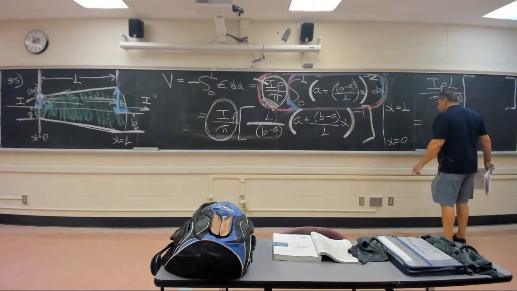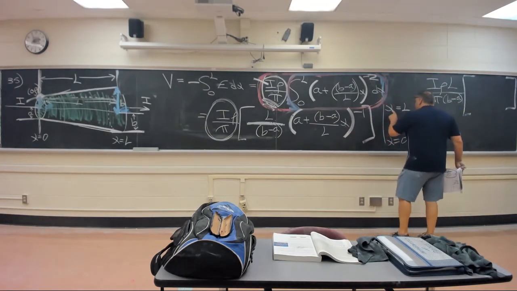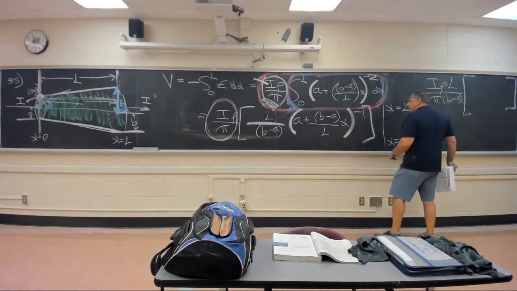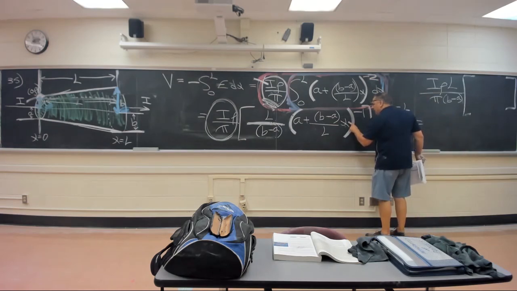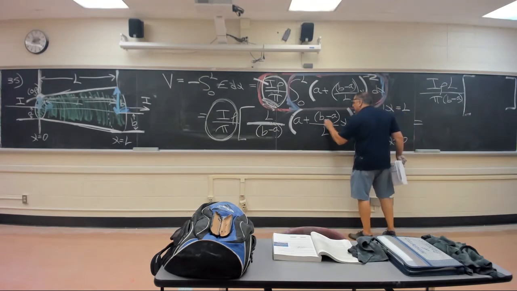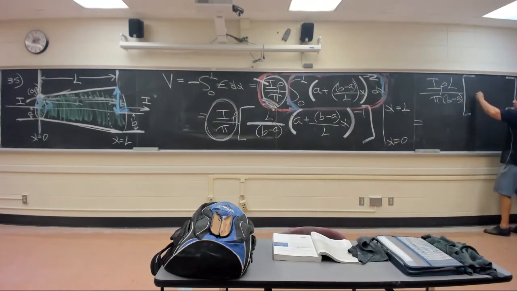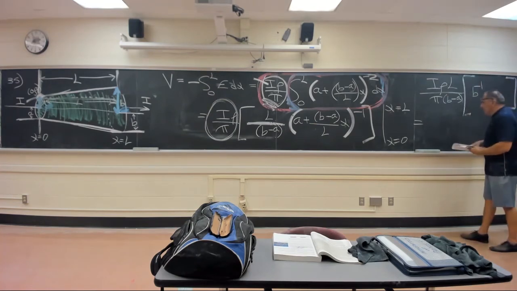Let's evaluate. X equals capital L. Put a capital L right here, capital L on top, capital L on the bottom. They cancel. You got B minus A plus A, which is B. So we got B to the negative 1.